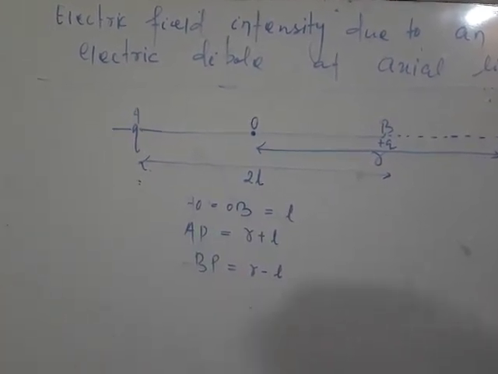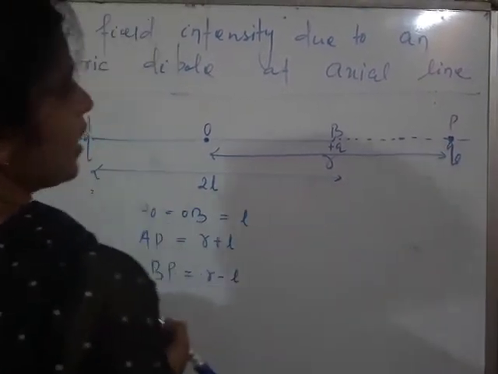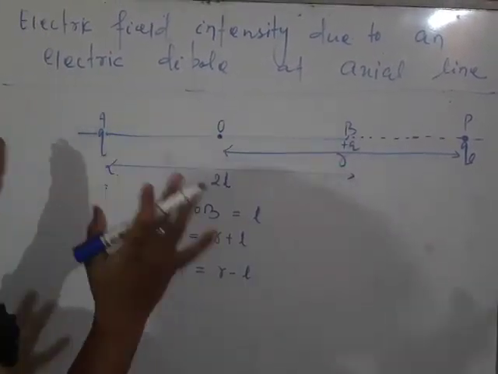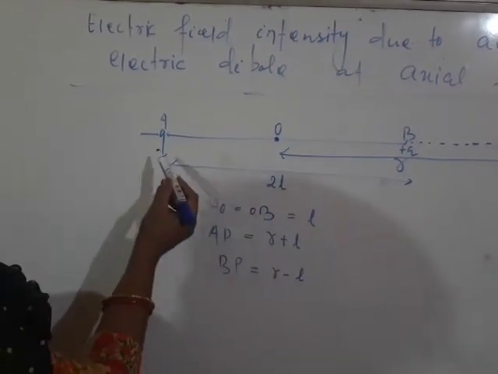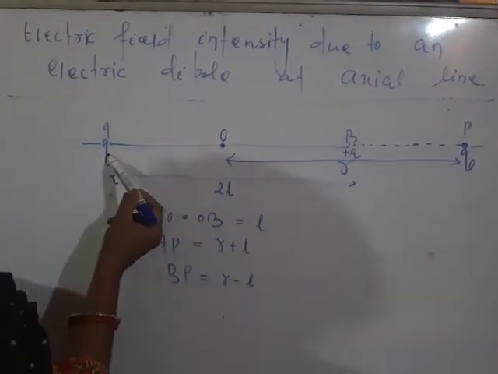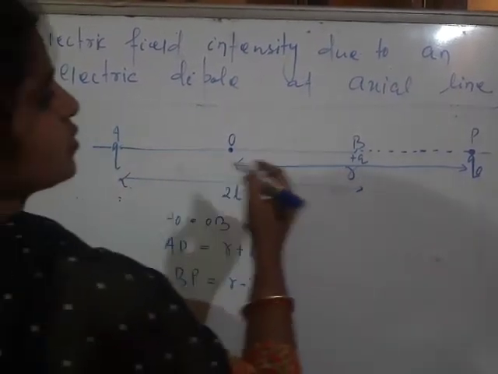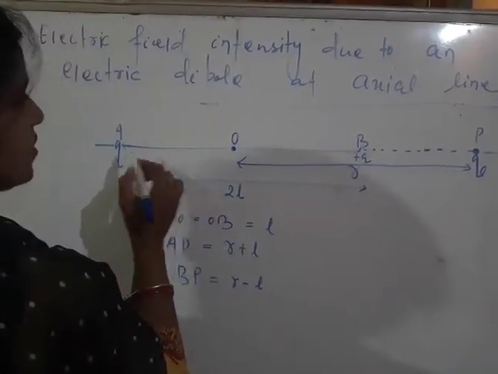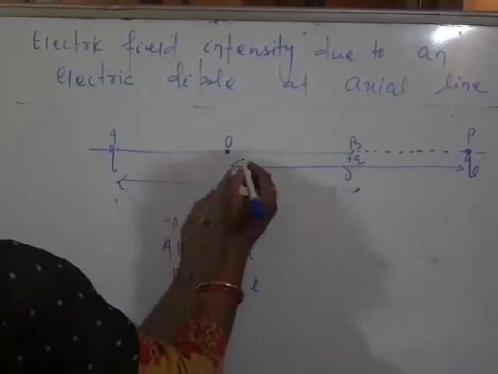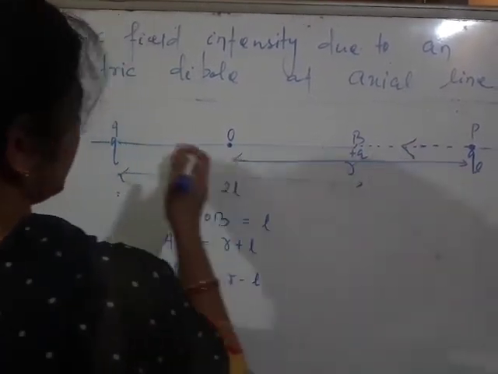Now we have to calculate the net electric field intensity on the test charge q naught at this point P due to this dipole. Since the dipole is the combination of two point charges, minus q and plus q, we can calculate the electric field intensity due to the charge minus q as well as due to the charge plus q. Since this is minus q and q naught is positively charged, the direction of the electric field intensity is towards the negative charge.